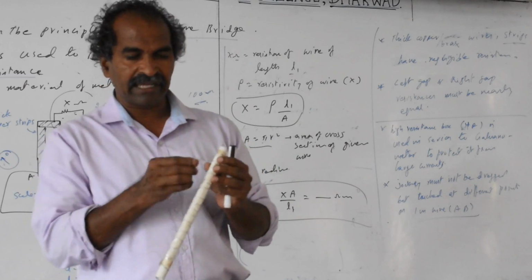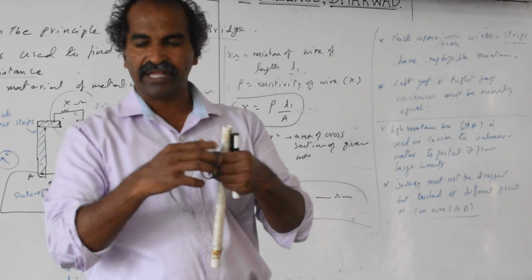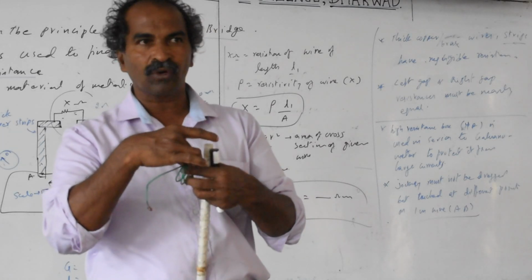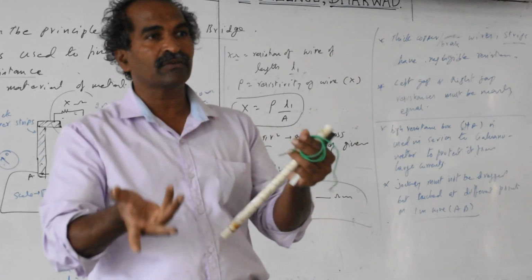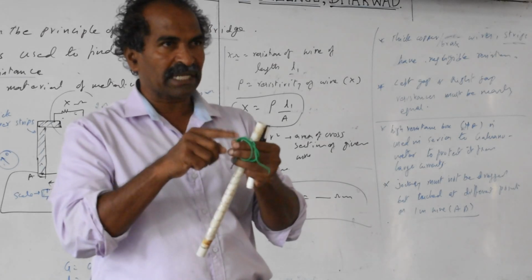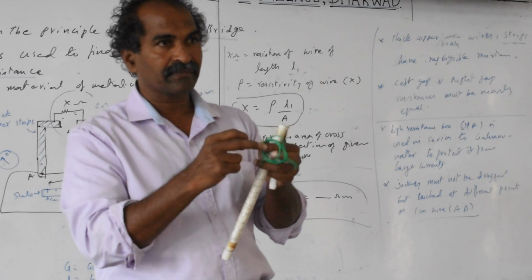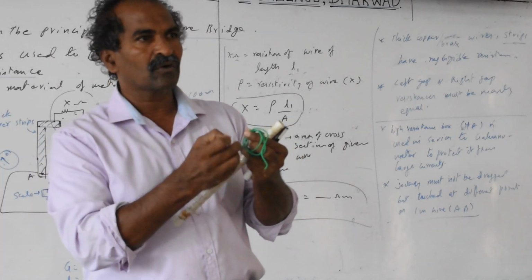If there is no PVC covering and you take the wire like this, then the wire resistance won't be counted. It comes to be zero or negligible resistance, because current directly passes here, not along the length. Current always prefers the low resistance path.